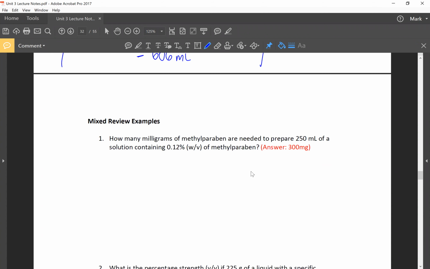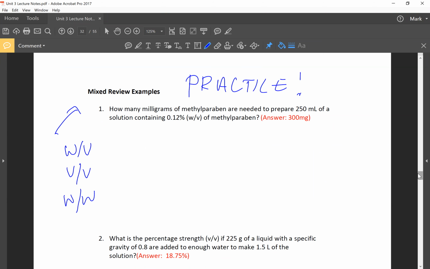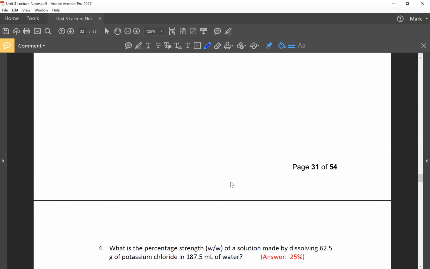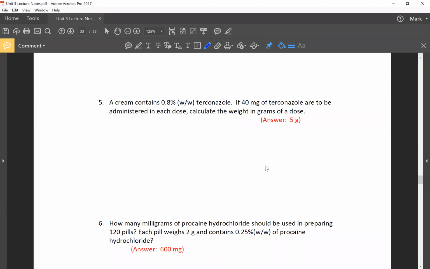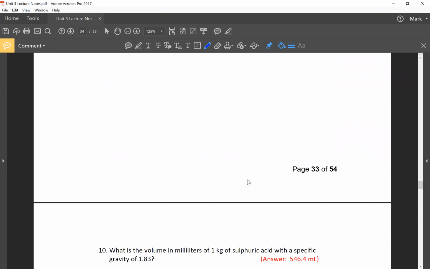All that means is these could be questions that are any of the three types. They could be weight and volume, volume and volume, or weight and weight. So I'm going to leave this for you guys to practice. And if you ever have any questions on this, you can let me know. Again, the answers are written there in red right next to it. So this is definitely something I would practice.